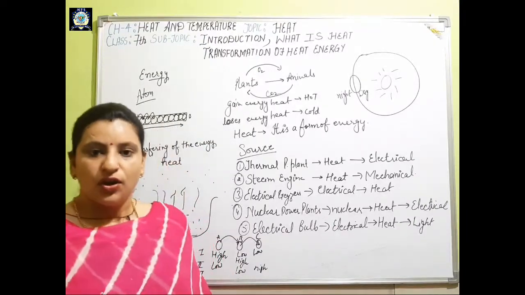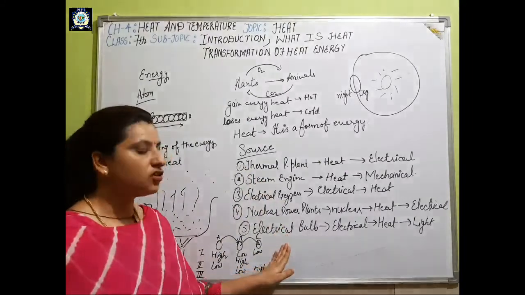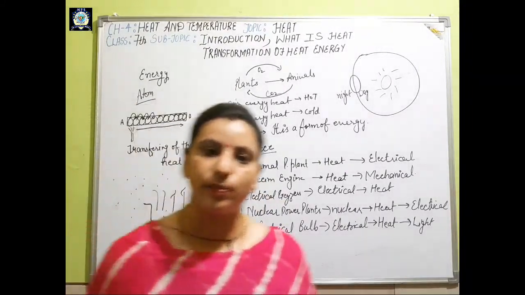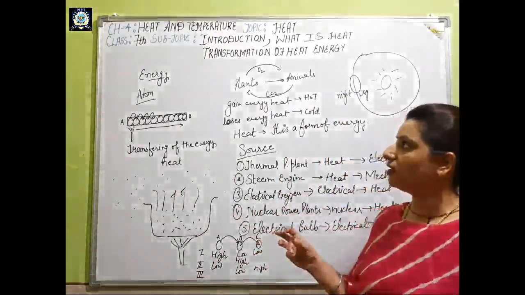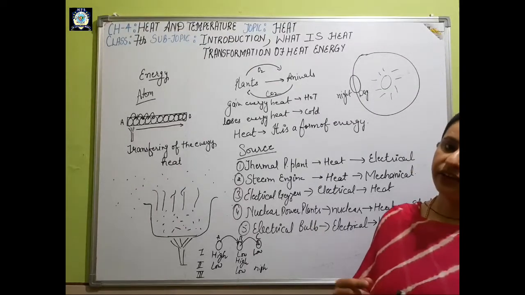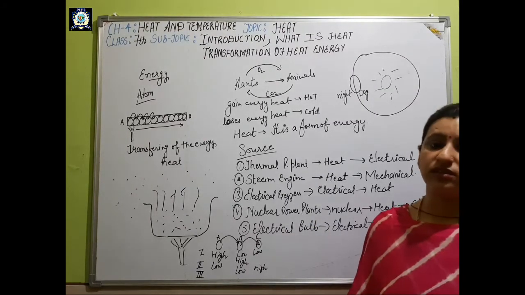So here you have learnt about many transformations of the heat energy, and I hope you understood all the basic subtopics very well. So let's recap very quickly that energy is the basic need of all the materials present on this earth.